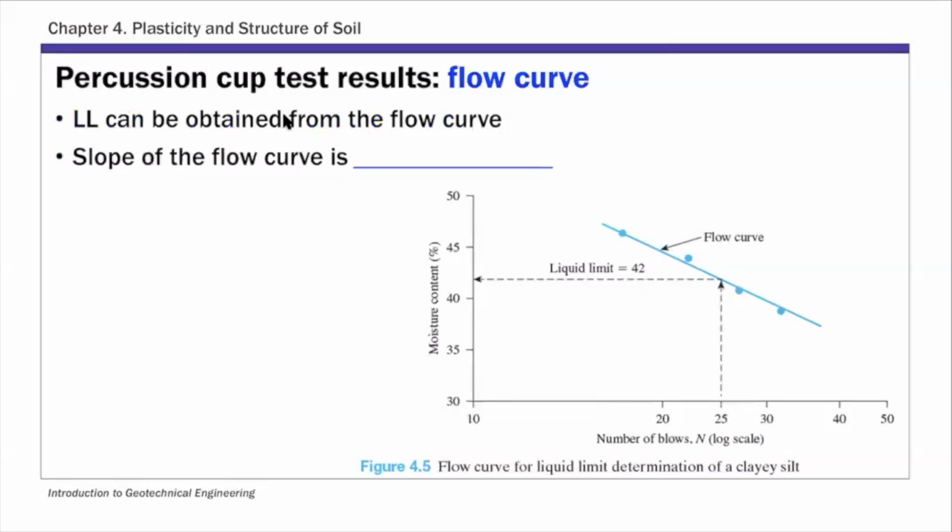So this is an example of a flow curve. On the x-axis, this is the number of blows, called capital N, and it's plotted in log scale. So that's the number of blows to close that 12.5 millimeter groove for that sample. And if you notice on this curve, there are 4 data points.